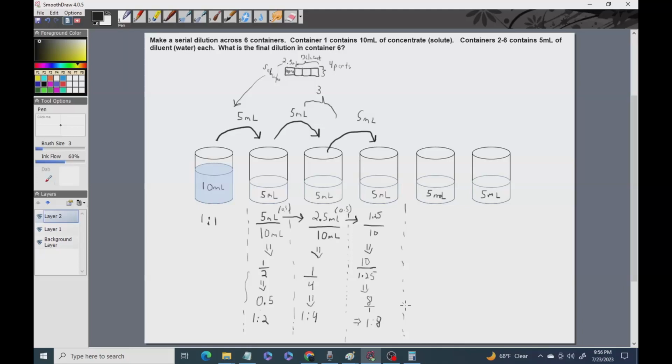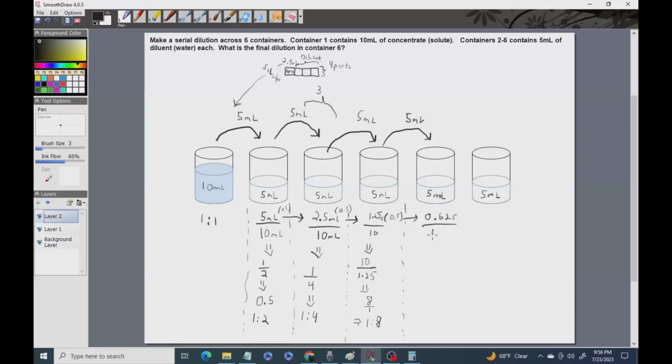Let's again repeat the process. We mix and we take 5 milliliters out. We use our multiplier again, times 0.5. So 1.25 times 0.5 is 0.625.